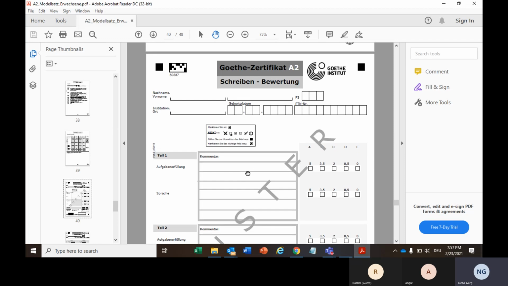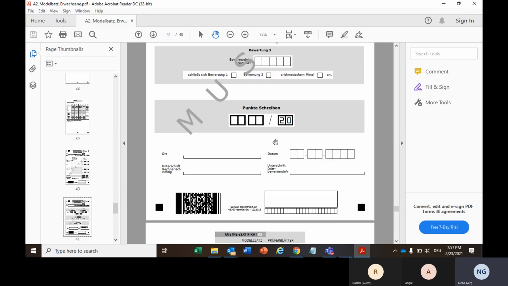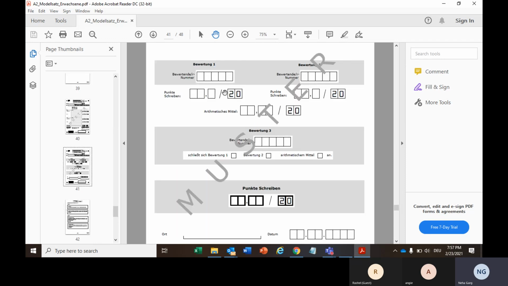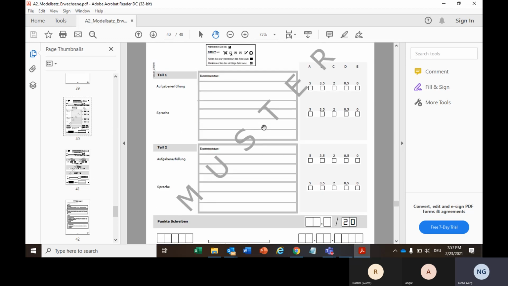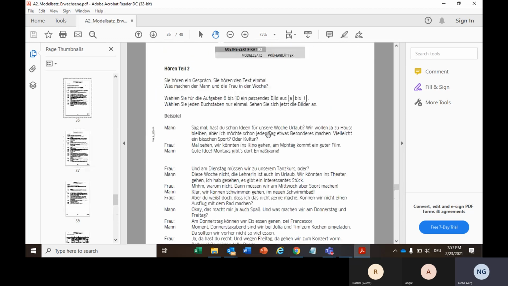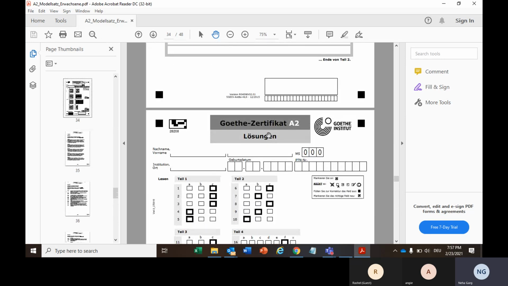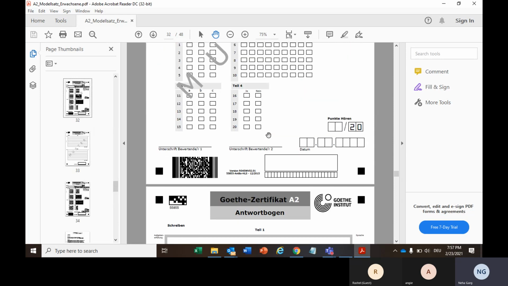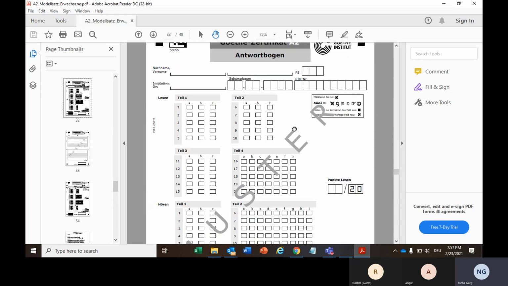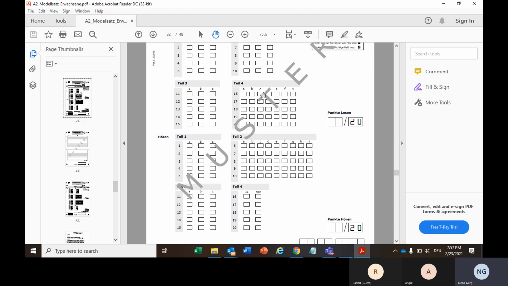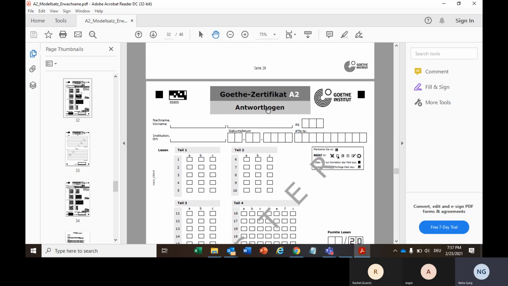So okay, this is for Schreiben. This is how you get the points. So this is like a Muster. Muster means pattern or a specimen of the answer sheet.